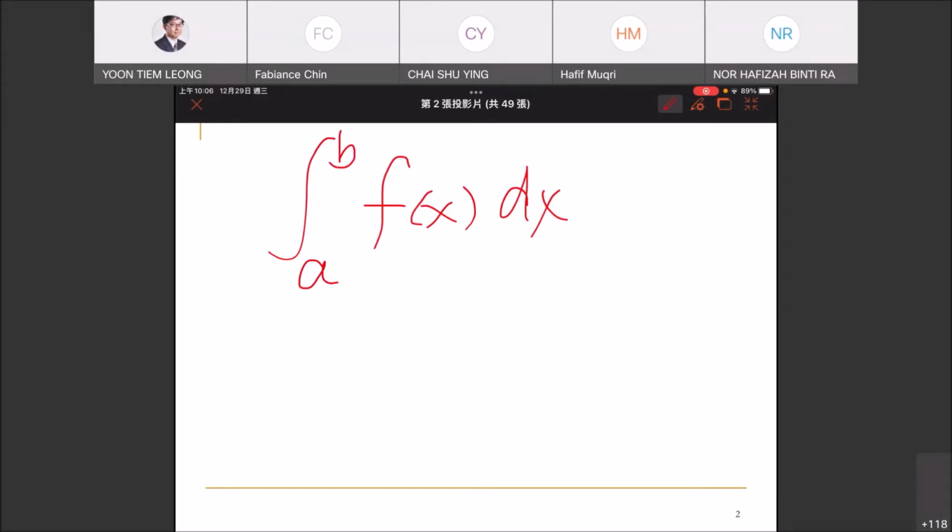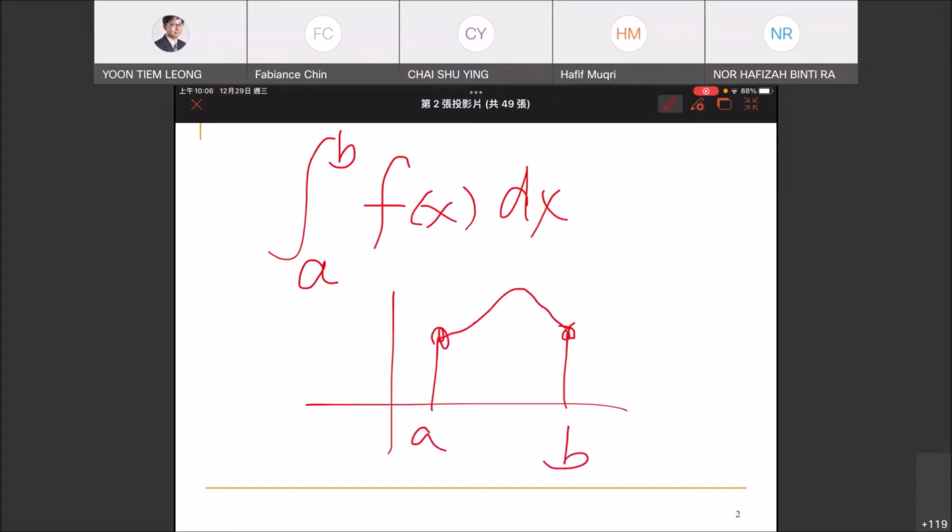So this will represent the integration of the small function f(x), and it gives you the area of a function that is bounded between a and b, and this is supposed to be a continuous function, right?